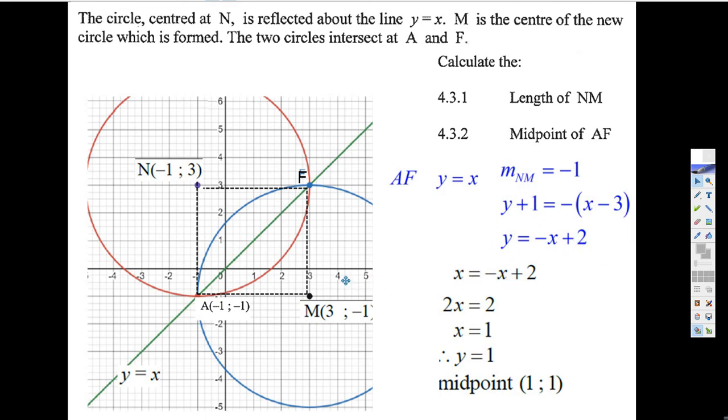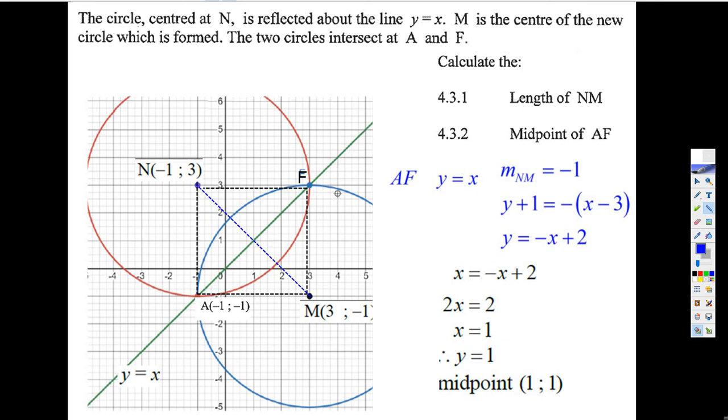But we kind of would like to know the equation of this line cutting across here. Actually, it might be nice to put it right in there. I'm going to change the color to blue. That color right there, going straight through there. I want to find out where those two lines cross. Well, the line AF is just y equals x.